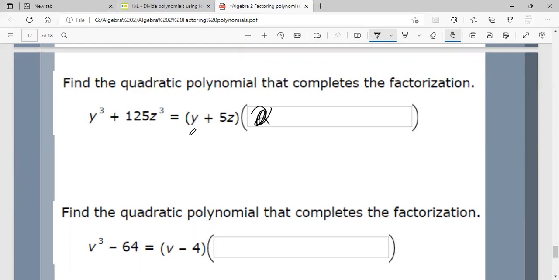Because when you take one of these out, you're going to be left with something like this, y plus 5z squared. And that's what you're going to be starting out with.